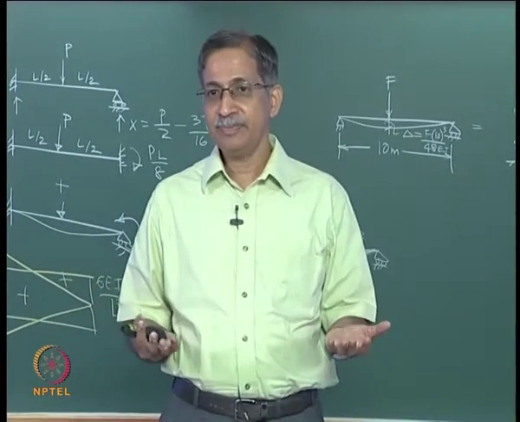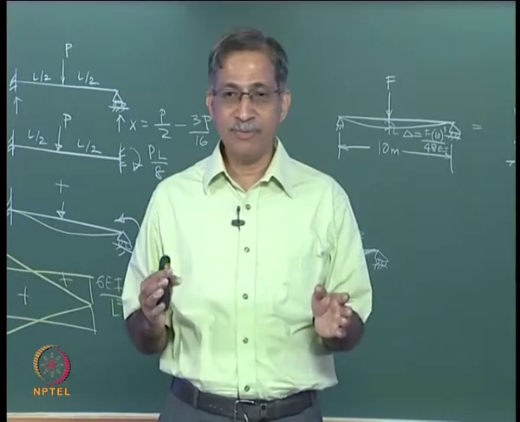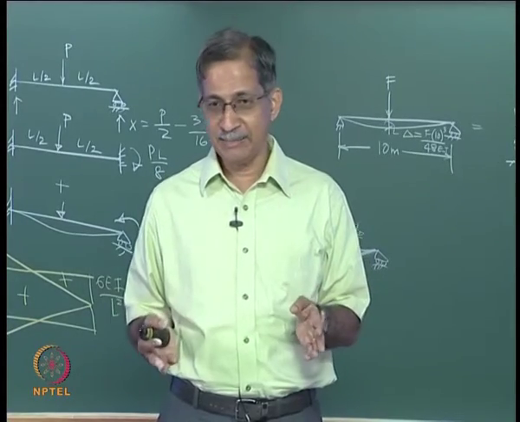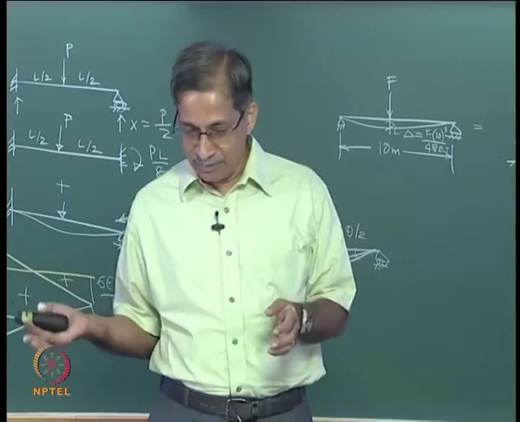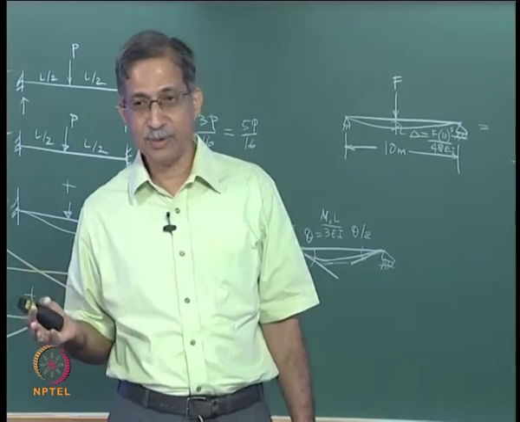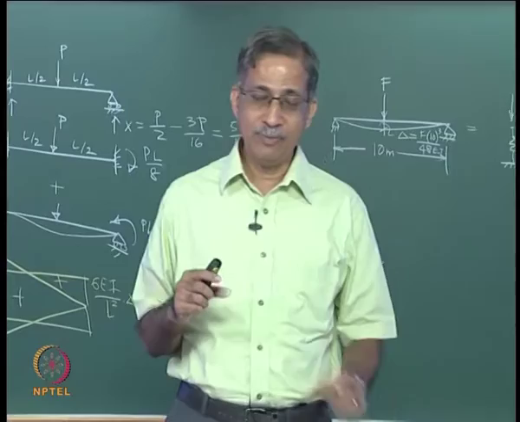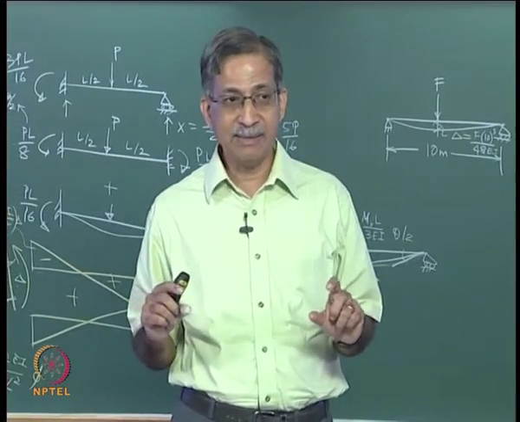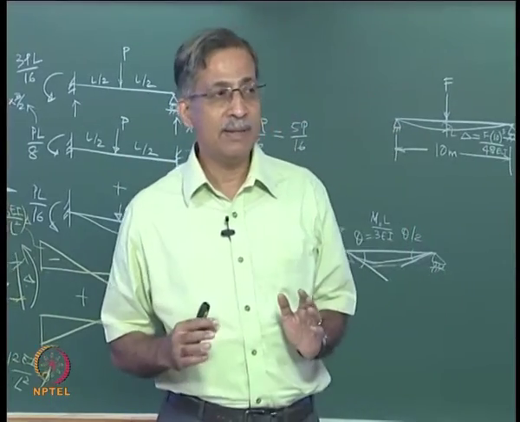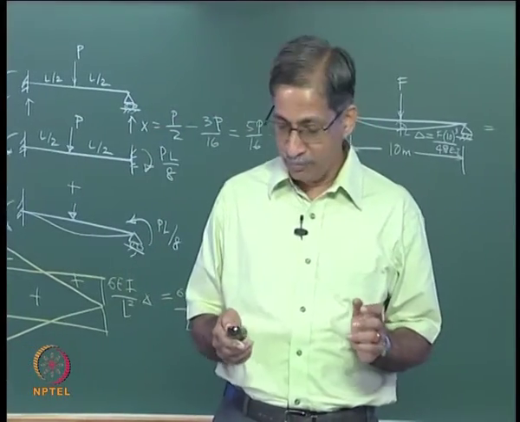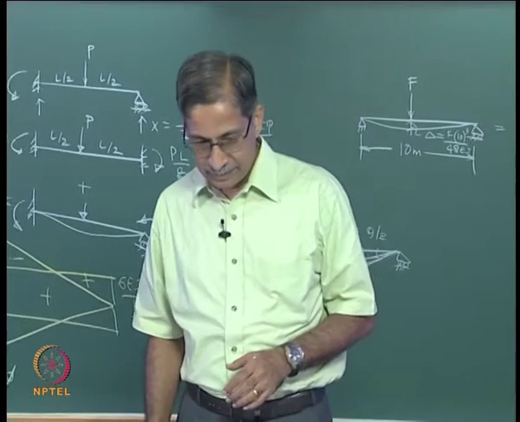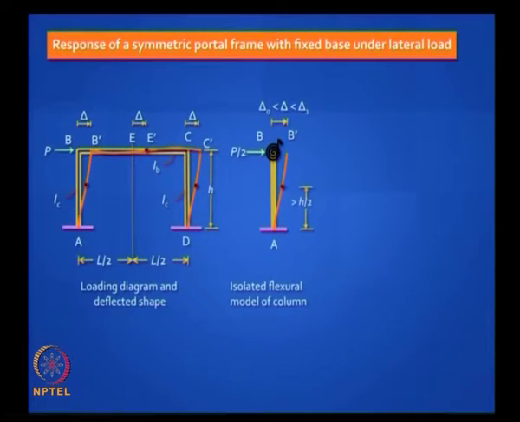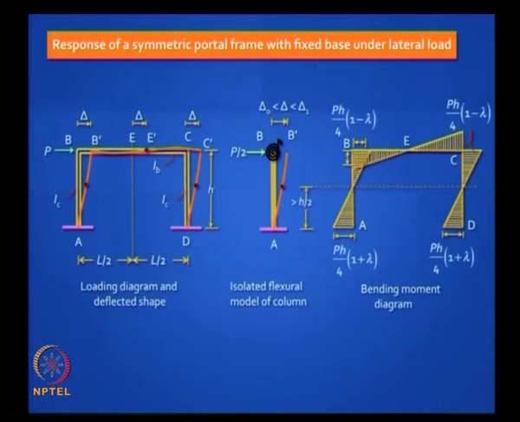Fix the bottom and the minimum value will be 6 EIC by H cubed and the maximum value will be 24 EIC by H cubed. So when your beam is infinitely rigid compared to the infinitely flexible case, the stiffness of the whole frame gets magnified by a factor of 4. So the sum and substance you can write in terms of lambda, finally it is between 6 and 24.